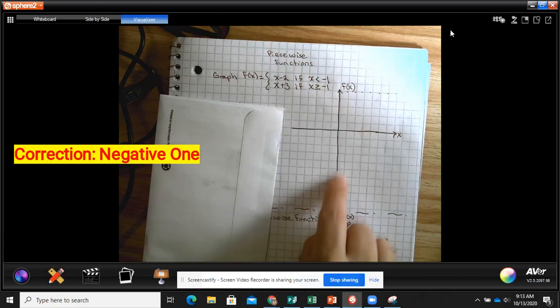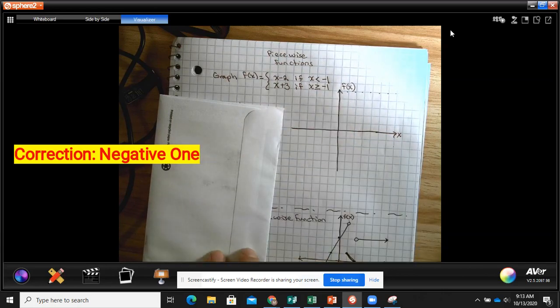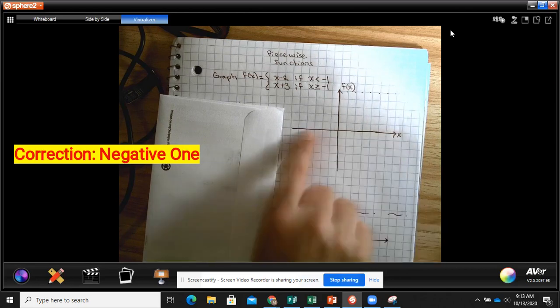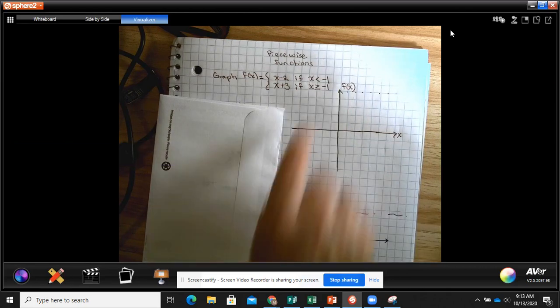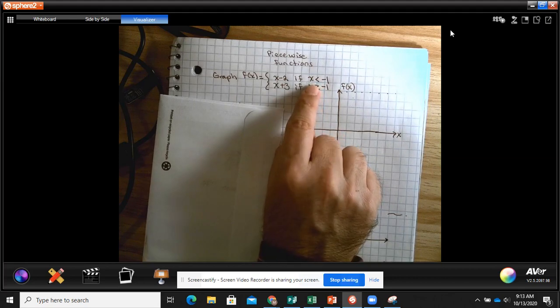I went ahead and drew my coordinate axis with the x-axis and the f of x. Now what we're going to do is use the conditions. These are our restrictions on the domain.